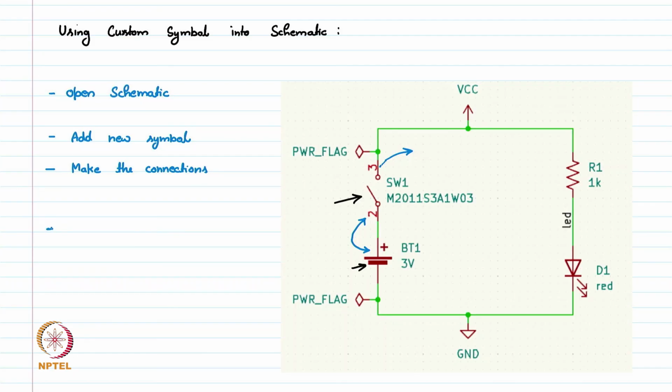Once we are done, the most important part here is to run the electrical rule check, or ERC. For every change we need to run the ERC again to make sure that we are not making any error in the electrical connections. Once this is passed, we go to the option update the PCB from schematic.